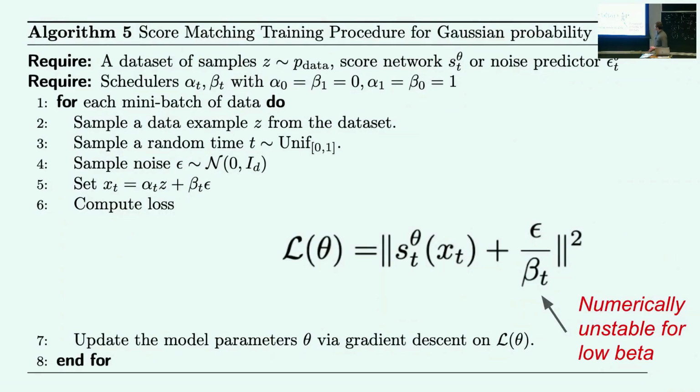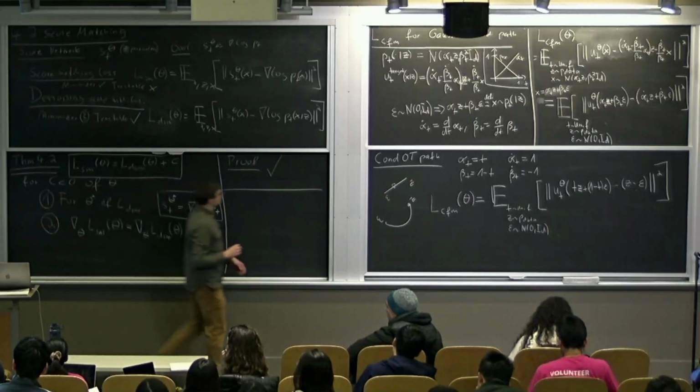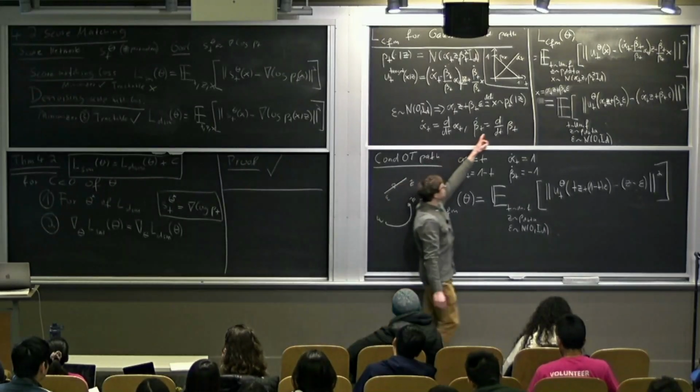Okay, training algorithm, in this case, same way as before, just that we're now predicting noise divided by beta t. That's what we're doing. It might be worth mentioning that this is numerically unstable for small beta t, and beta t is small for times close to 1.